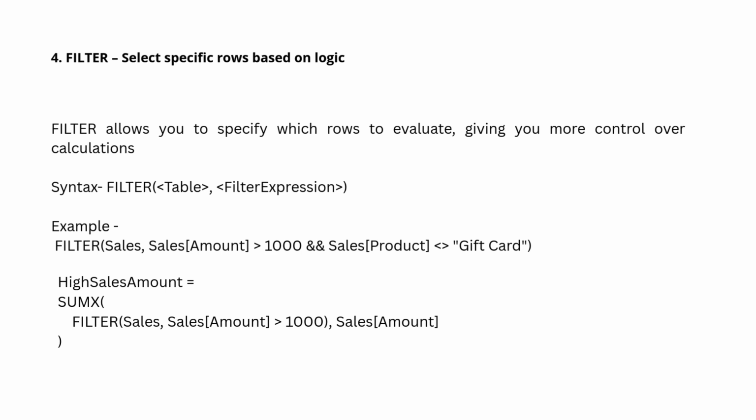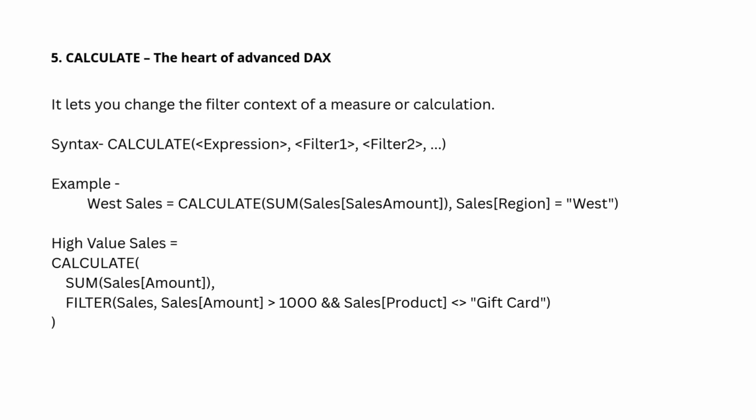Next, the last one is the CALCULATE function. CALCULATE lets you change the filter context of a measure or a calculation. So this is the expression, and we can put any number of filter conditions. This one will calculate the sum of sales amount where the region is West.